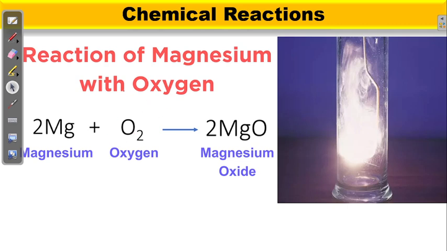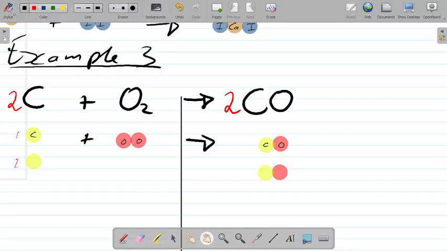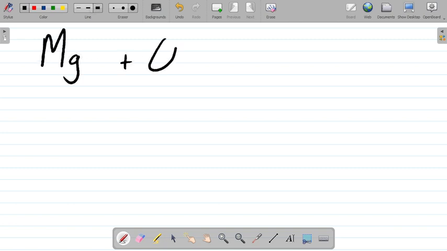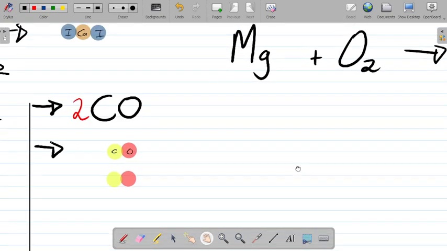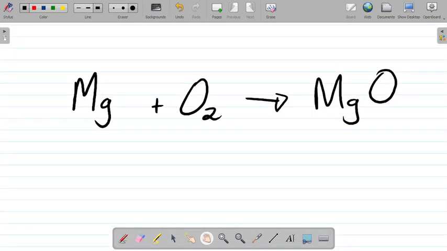Yes, this one, the magnesium oxide. Right. So let's say we have magnesium reacting with oxygen, right, to give us magnesium oxide. How do we balance, right? So we move on from example 3 to example 4.